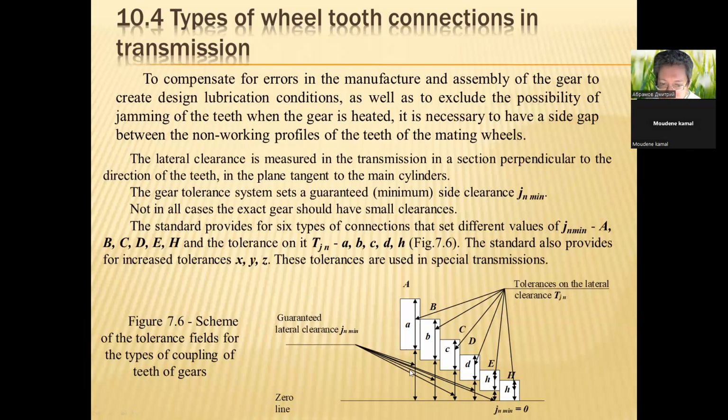You can see the guaranteed lateral clearance, j_n min, and tolerances a, b, c, d, h, and one more h. These are tolerances of the lateral clearance.